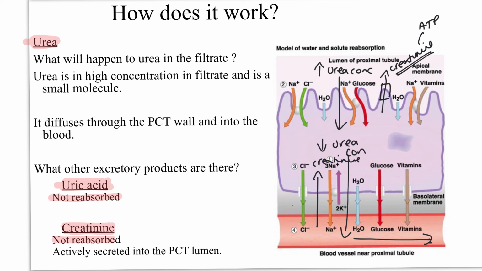So actually, you excrete more than 100% of the creatinine that you filter out in the glomerulus. Say you filtered out 100 molecules of creatinine at the glomerulus, you might add another 10 or 20 molecules in the PCT. So we're actually very good at getting rid of creatinine.